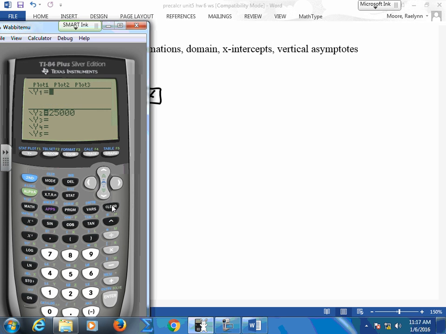You can also do this in your y equals. So math, write in your y equals. There's my base 6. There's my x. Okay, I'm just going to do a zoom 6 to get back to normal. It's a regular curve.